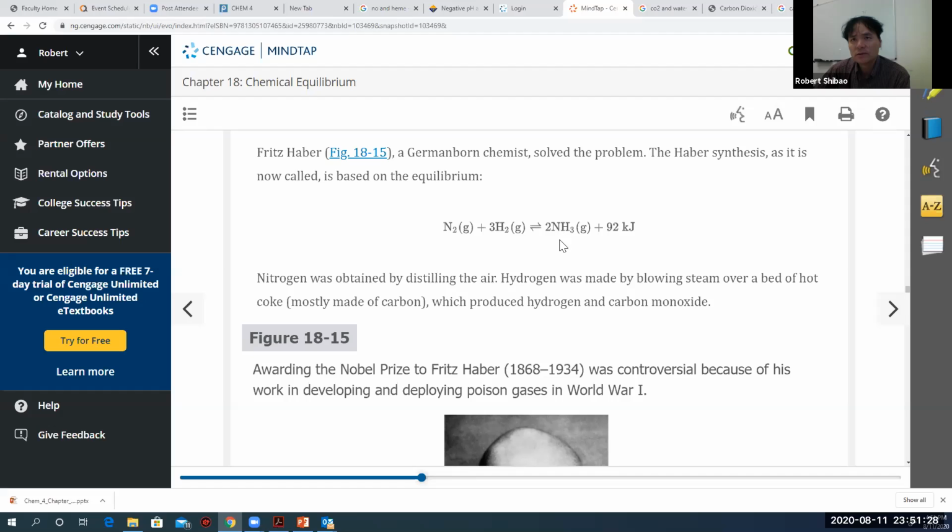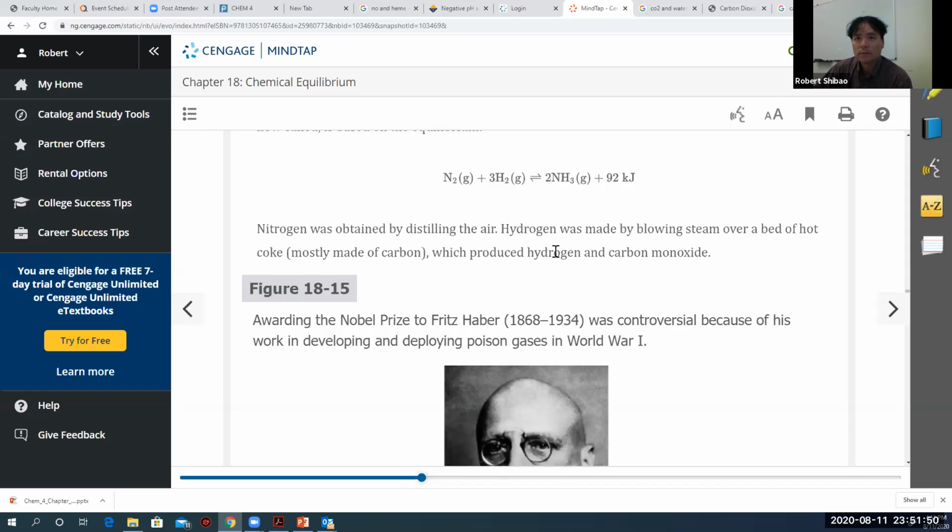But this is the first synthesized fertilizer versus the natural fertilizer that farmers use. And this increased the food production too, and actually benefited a lot of people in the world, because food production became much more productive.